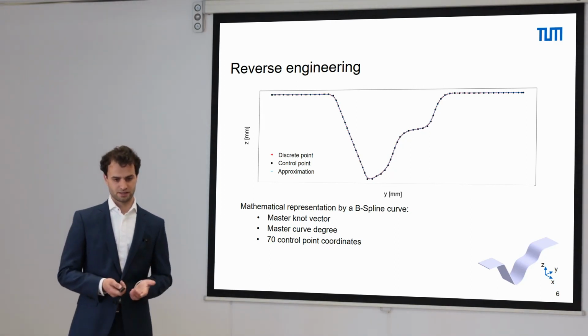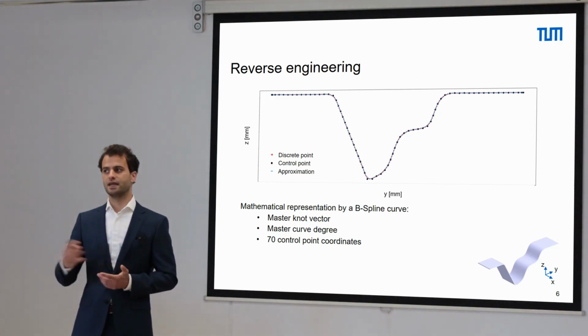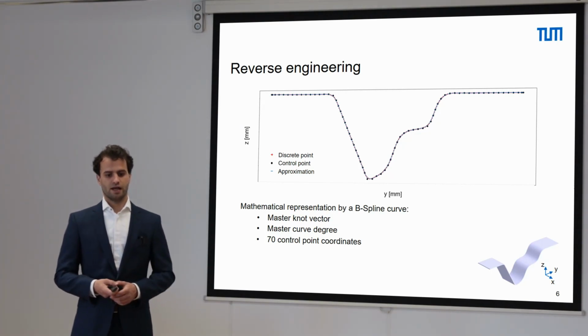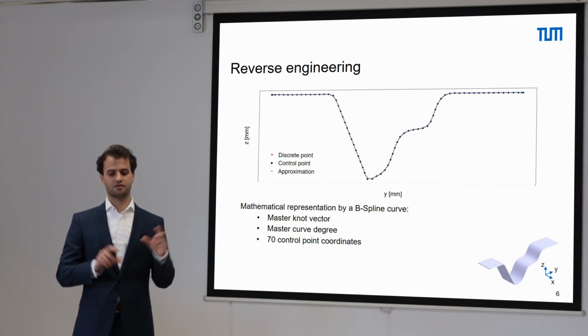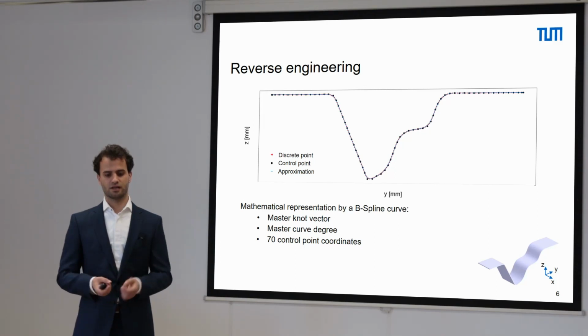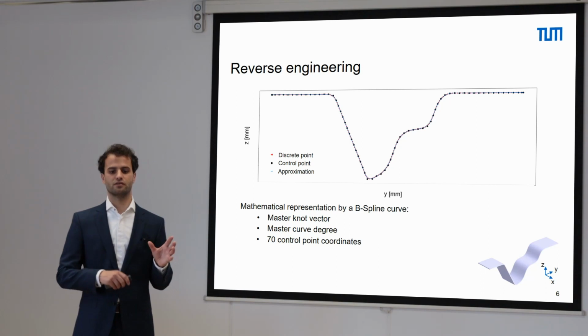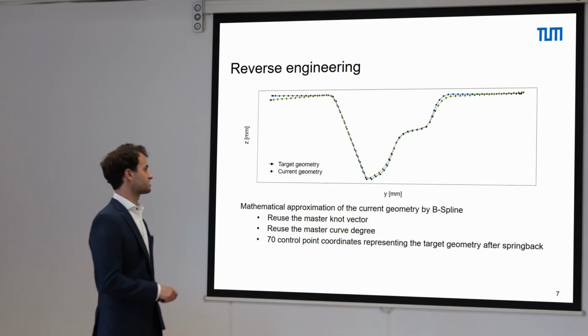control point coordinates. In the next step, I used my STL file after the springback generated by Autoform and reused the master knot vector and the master curve degree and just shifted the control points so that my current geometry was represented. And it looks like this.